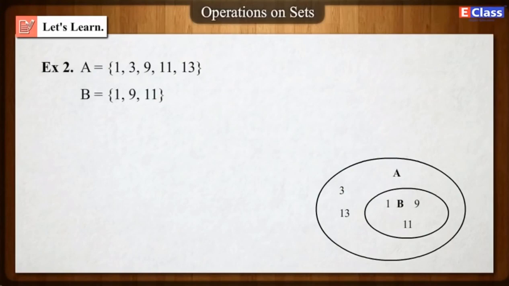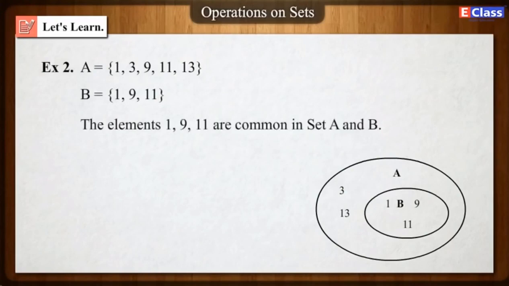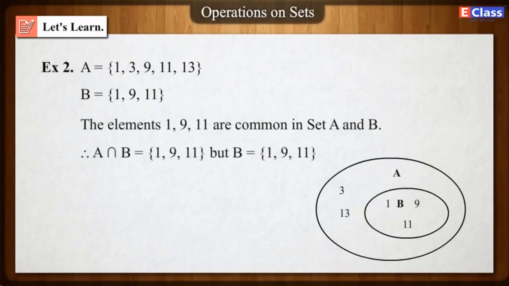The elements 1, 9, 11 are common in set A and B. Therefore, A intersection B is equal to {1, 9, 11}.